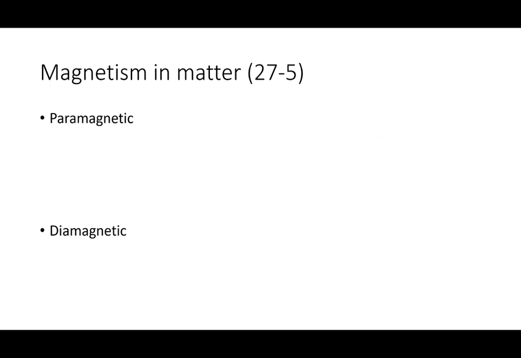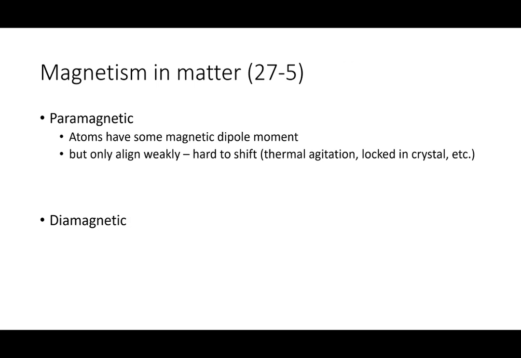Paramagnetic is a fairly common type where each atom does in fact have some magnetic dipole moment, though maybe not strong, and these only align fairly weakly, so your magnetic field only ends up increasing by a little bit.